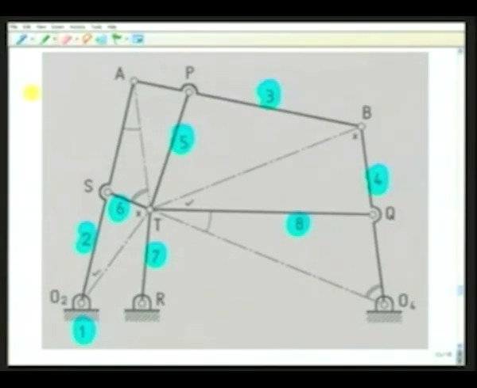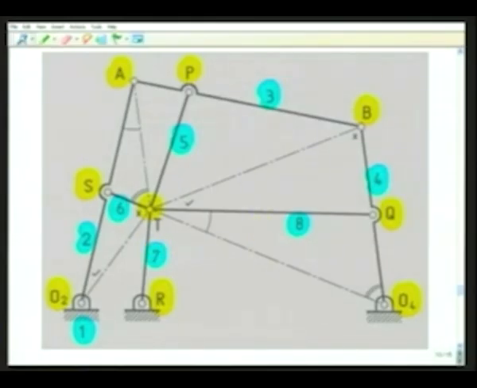These 8 links are connected by revolute pairs, one at O2, at S, A, P, B, Q, O4 and R. So there are 8 simple hinges and there is a higher order hinge at this point T where 4 links, namely 5, 6, 7 and 8 are connected.